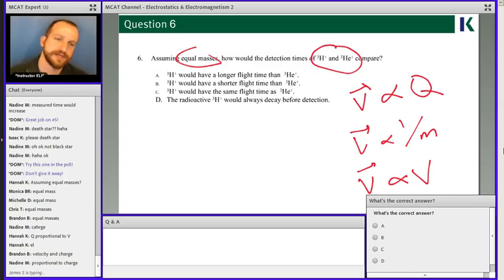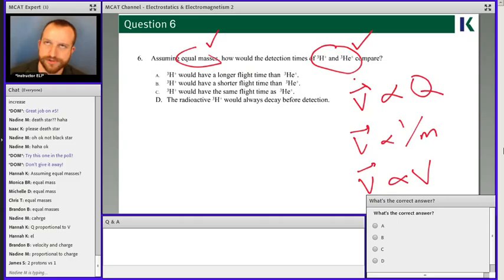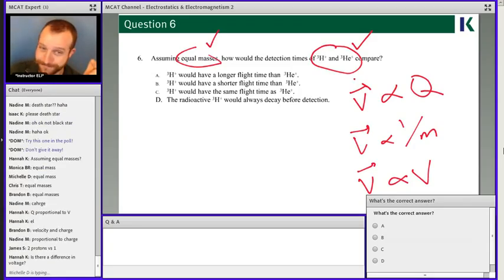So it's proportional to mass, and they're the same mass. It's proportional to charge, and they're the same charge. We're right there at the cusp. We're right at that 80% mark. So you're going to get a star no matter what. But there's no difference in voltage.